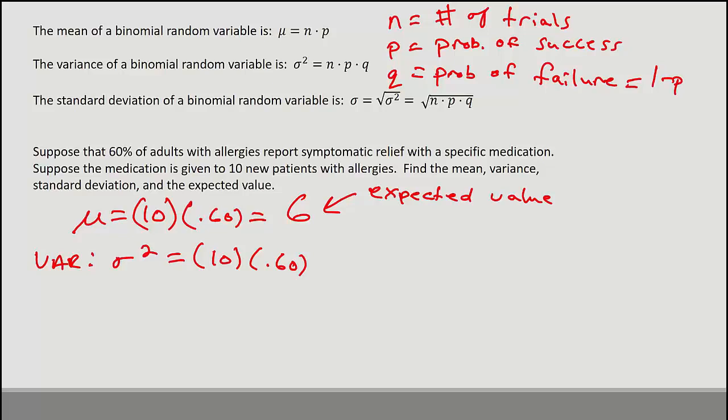So if there's a 60% chance that you succeed, there's a 40% chance that you fail. 100% minus 60% gives us 40%. So Q is 40%. Okay? Which should give us, let's see, 10 times 0.60 is 6. 6 times 40% of that should be, I don't know, 2.4.